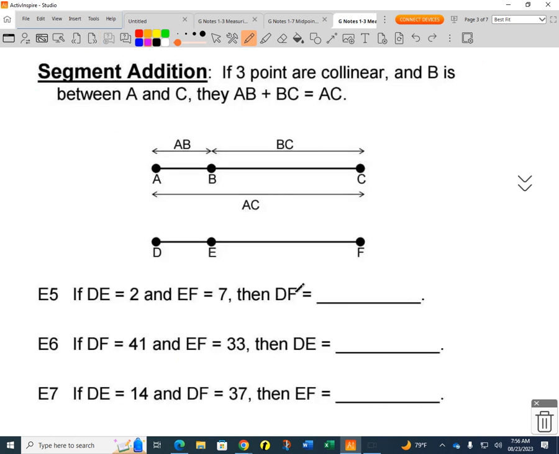Segment addition. So segment addition is a postulate. I did not go over that definition. Postulate and axiom. That just means a statement of fact. They're telling us that this segment addition is a true statement. It's kind of a Captain Obvious statement, though. It's kind of like 0 plus any number just gives you the same number, right? We know that.